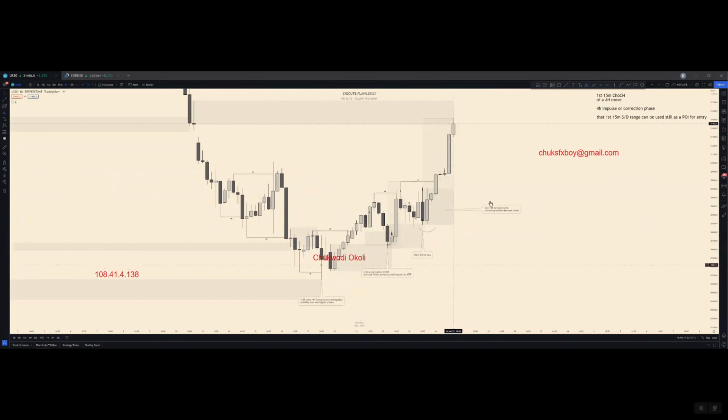Premium and discount of the 4-hour range is just a confluence. Let's say here to here, this is a confluence to discount. It doesn't mean it has to come into discount, it's just a confluence. It can do it, and it's going to be better if it does.